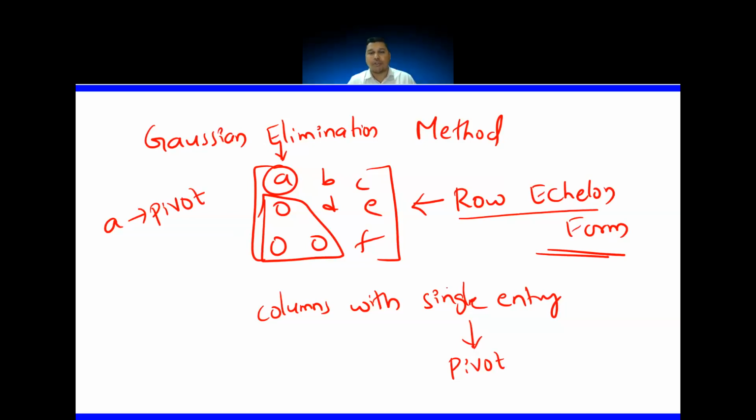Row echelon form says that there should be zeros in this form. An upper triangular matrix should be formed and there should be zeros like this. Your target is to make this 0 first, then this 0, then this 0, and keep on doing it. Okay, but this is row echelon form.